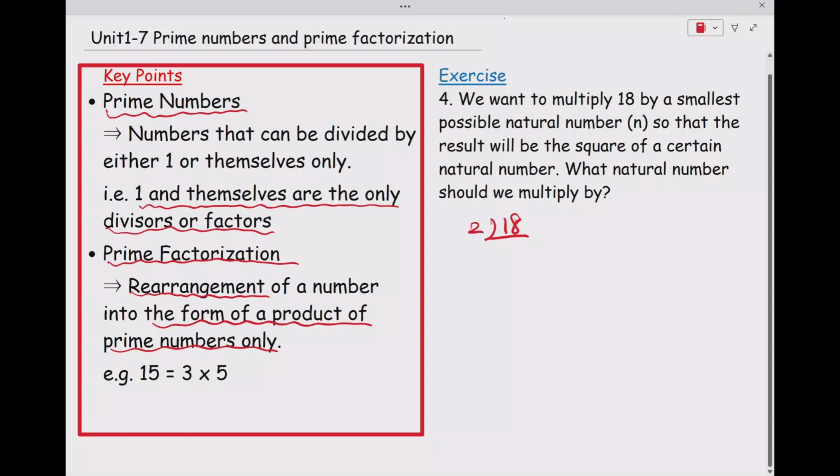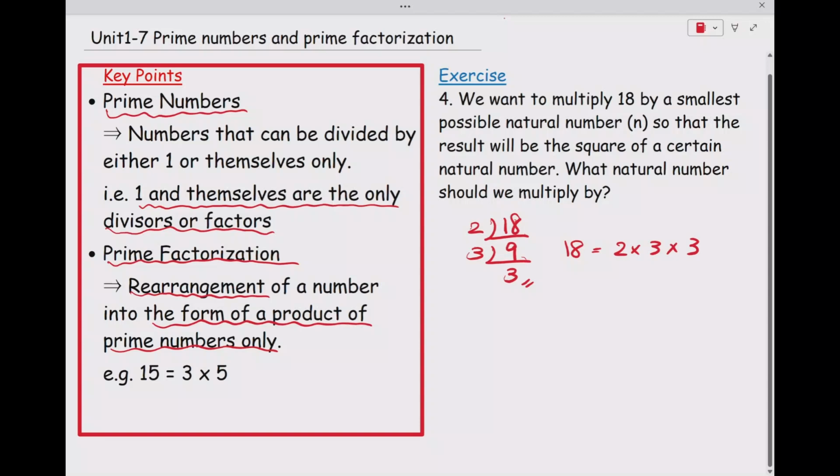So you get 9. 9 is divisible by 3, so divide 9 by 3. Then you get 3. 3 is a prime number, so stop here. Then we know that 18 is made up of 2 times 3 times 3, right?